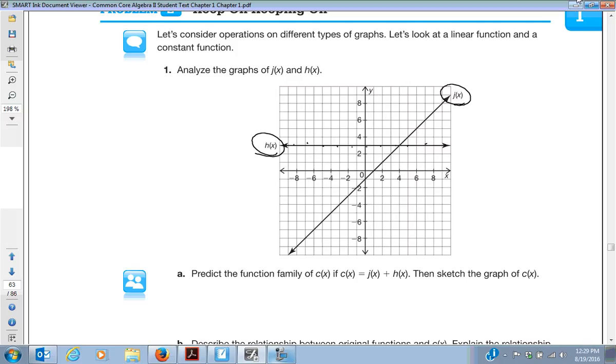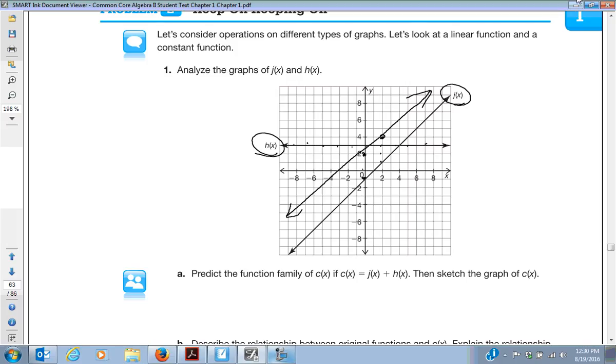Do you see I'm going to be adding 3 to it each time? If I add these two together, what's going to happen to this value? It's going to go up 3, right? So he's saying it's going to be a 2 because you go 1, 2, 3. What happens if I go to this value? Just add 3, which means I'm going to go up 3. 1, 2, 3. And so boom, I would have a line that would be parallel to this other line because I've added a constant to it. I've just shifted the line up 3.